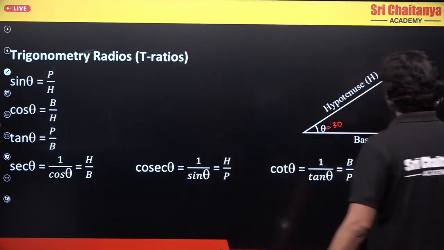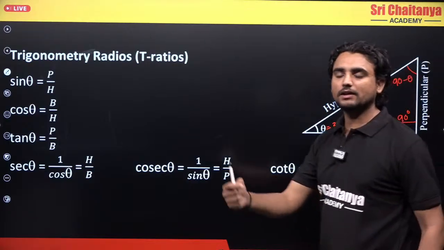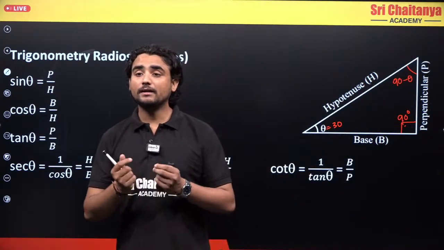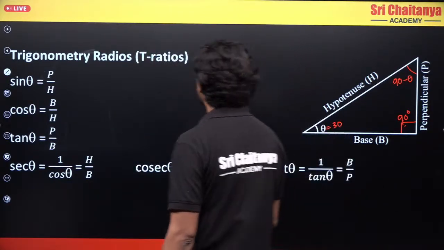In the right angle triangle, we have the perpendicular, base and hypotenuse. Which side is the perpendicular or base depends on what you are taking as theta.